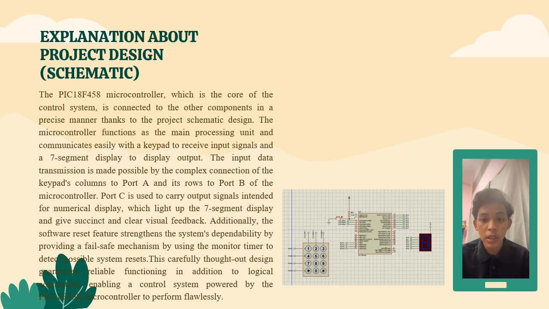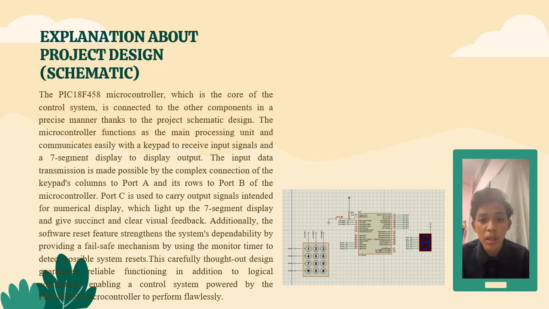As you can see in the project design schematic, the PIC microcontroller, which is the core of the control system, is connected to the other components in a precise manner thanks to the project schematic diagram. The microcontroller functions as the main processing unit and communicates easily with a keypad to receive input signals and a 7-segment display to display output.